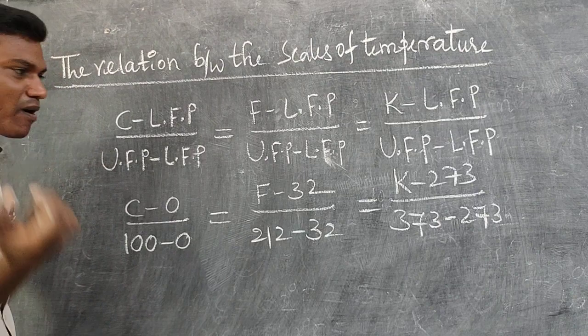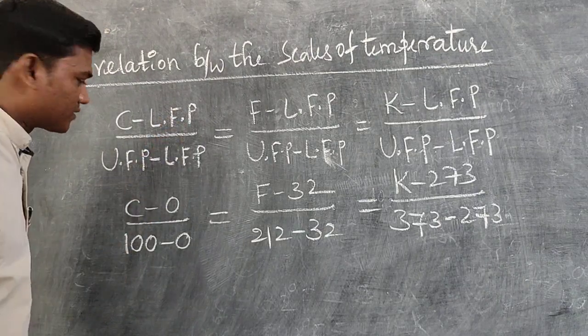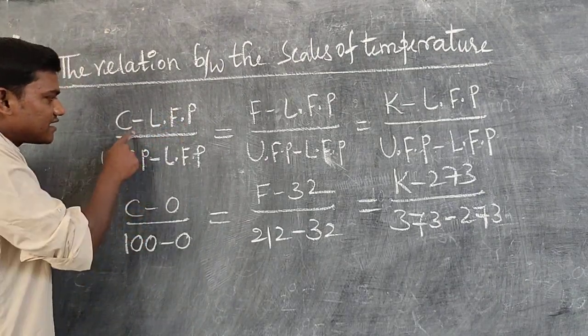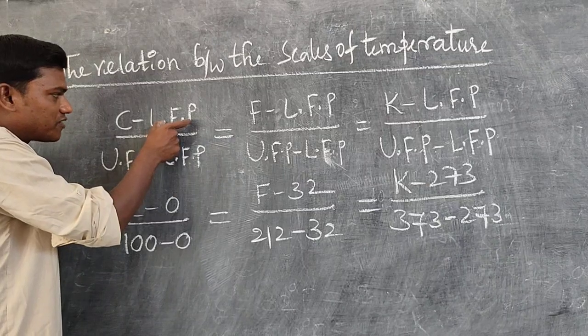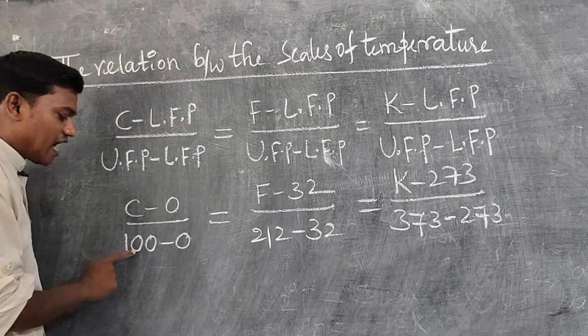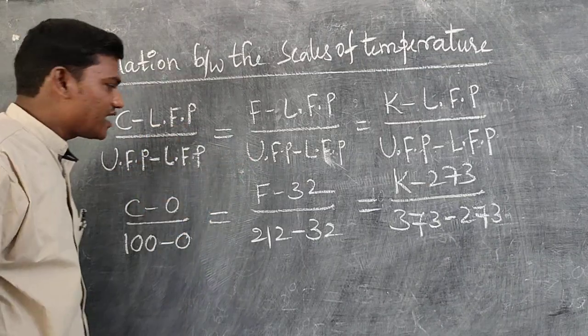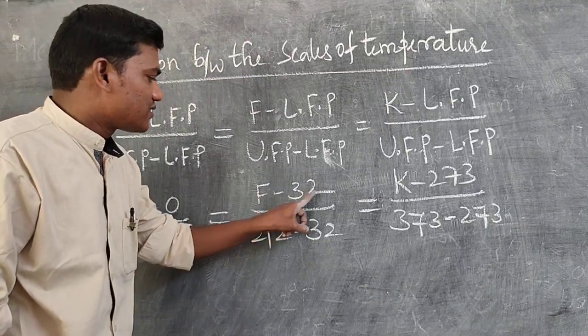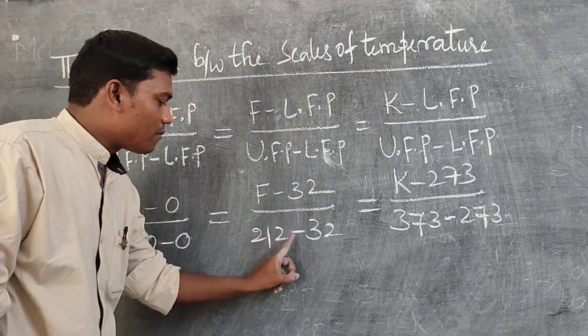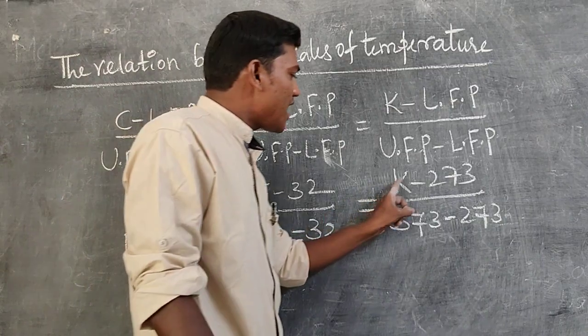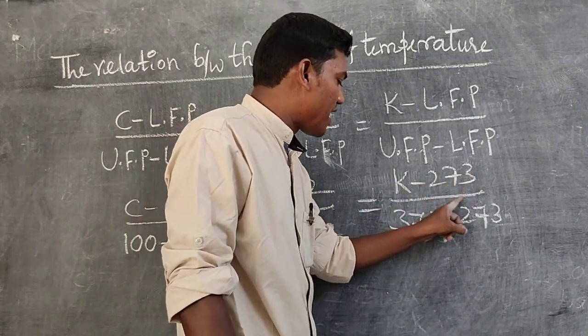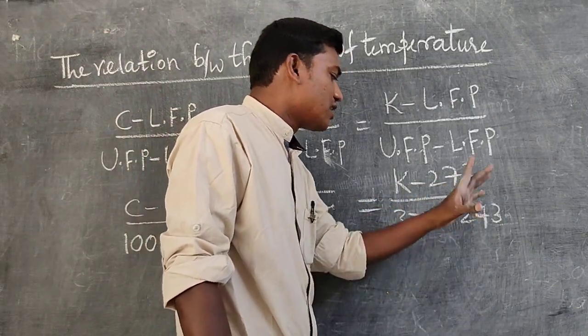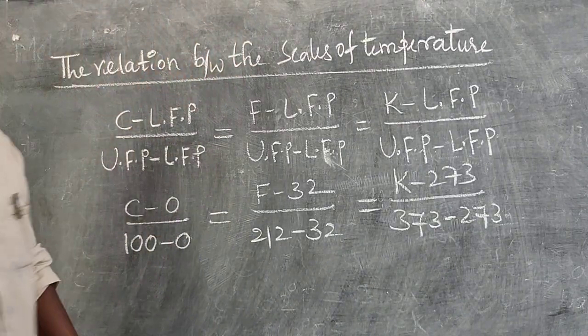With the help of that, we can move further. In the Celsius thermometer, what is the lower fixed point? 0. The upper one is 100, so 100 minus 0. Like that, F minus 32 by 212 minus 32, and K minus 273 by 373 minus 273.